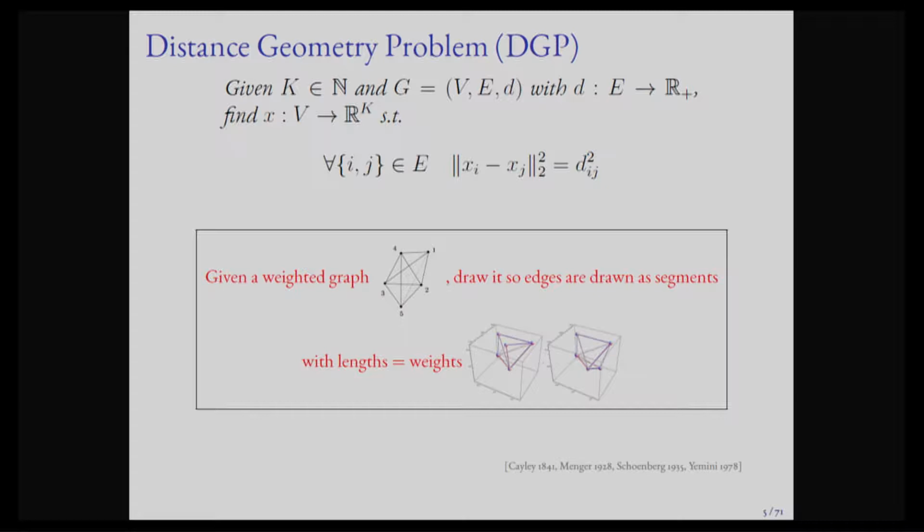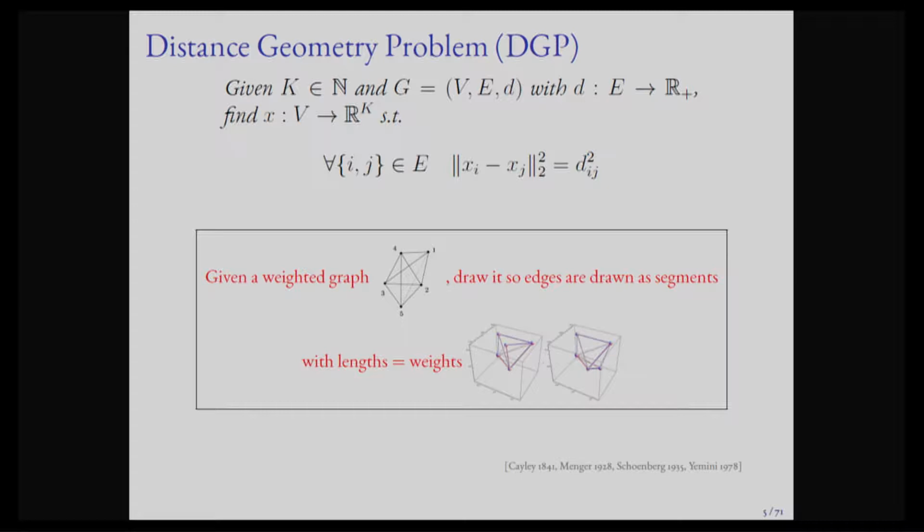All right, so the distance geometry problem is basically how to draw a graph into a k-dimensional vector space, where k is given, so that all of the edges of the graph are drawn like segments, and the weights on the edges are the same as the length of the segments that represent each edge. So this is what it is.